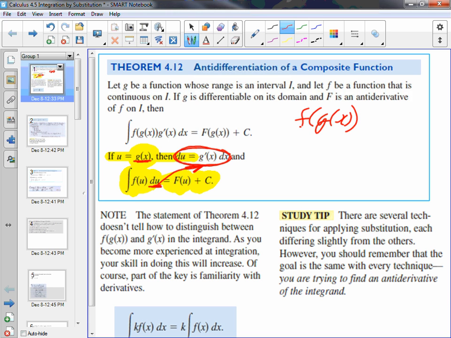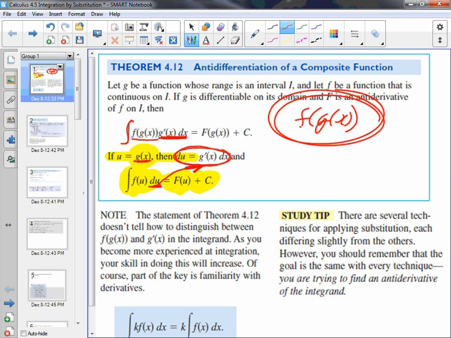Now, as long as g is differentiable, then we can make this work. Okay? So we've said that the integral of f of g of x, so the antiderivative of that composite function. And then look, instead of a dx, they've got this convoluted g prime of x dx there, instead of just a dx like we had before, because before, were we dealing with composite functions?